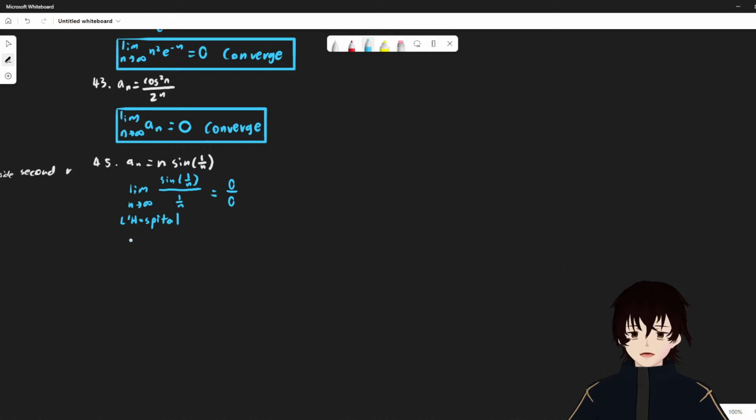That's going to give us cosine of 1 over n times negative n to the power of negative 2 over negative n to the power of negative 2, and that cancels out.